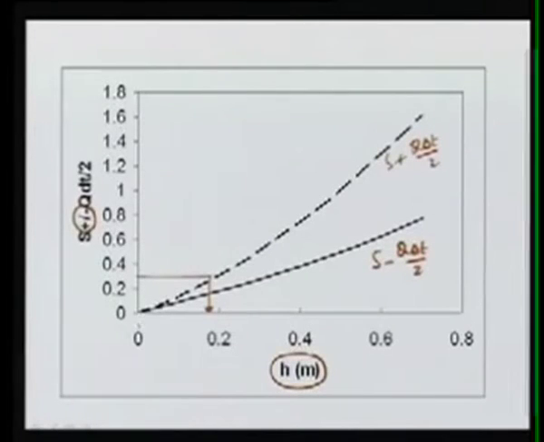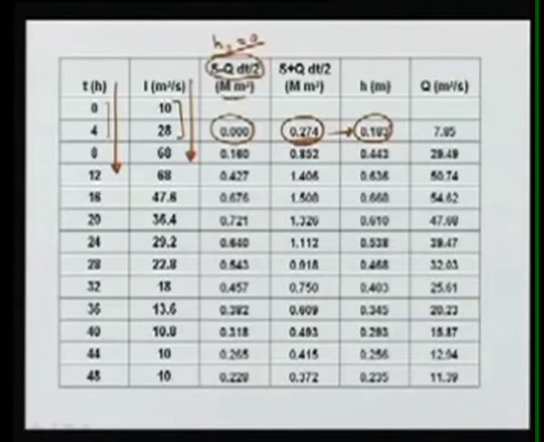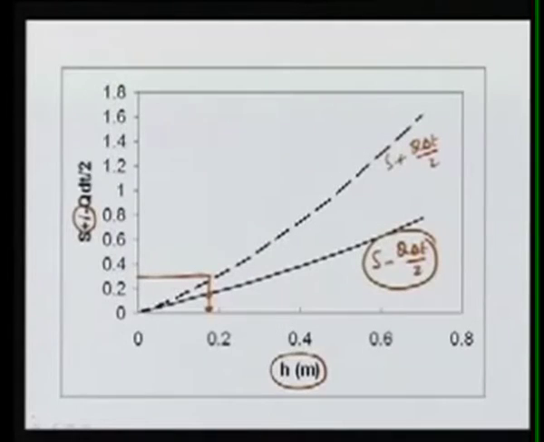So we start with 0.274, get 0.183. Now for this 0.183 we can obtain the value of S minus Q delta T by 2, again from this figure. So S minus Q delta T by 2 for the next step will turn out to be about 0.16.